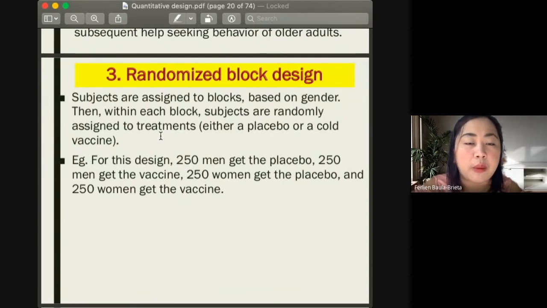So for example, in this design, we have 250 men get the placebo and 250 men get the vaccine. 250 women get the placebo and 250 women get the vaccine. So it is randomized, but it has a number of respondents or number of samples assigned to it in blocks.